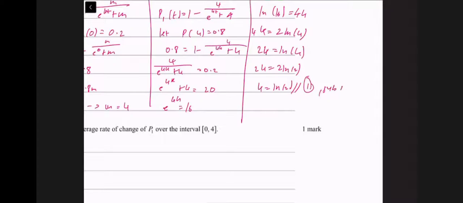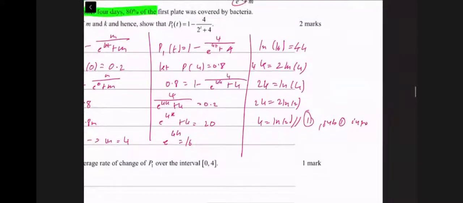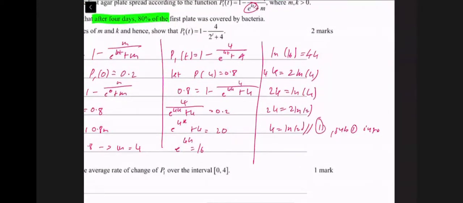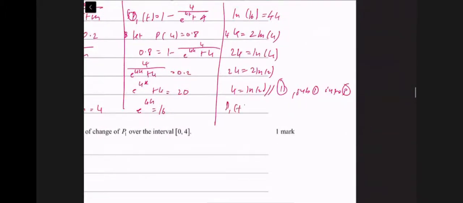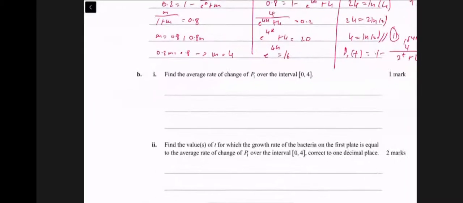So sub k into pt, so then P(t) is 1 minus 4 over 2 to the t plus 4. Like, you know the log rule, if you put a log here, so log alpha t, it becomes alpha to the power t. That's what we're using here, so 2 to the t plus 4. So show that question, so yep.